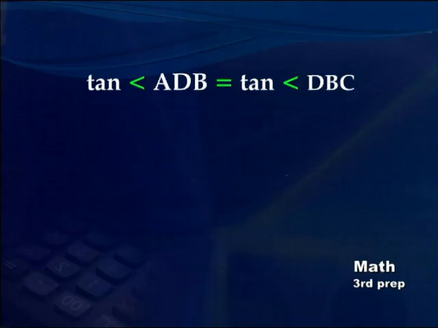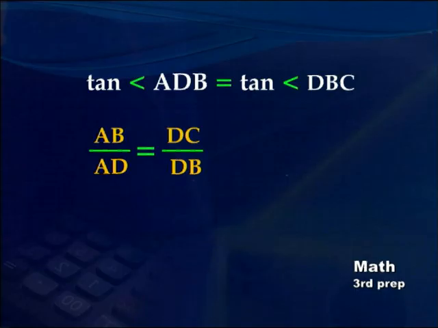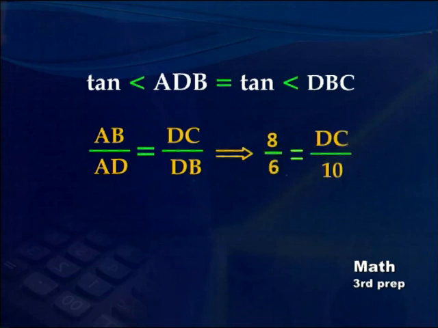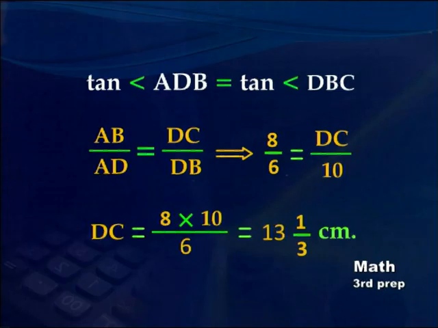They are AB over AD equals DC over BD. By substituting for the values of AB, AD, and BD, so 8 over 6 equals DC over 10. And by making cross multiplication, DC equals 8 times 10 over 6, to obtain a result of 13 and 1 over 3 centimeters.